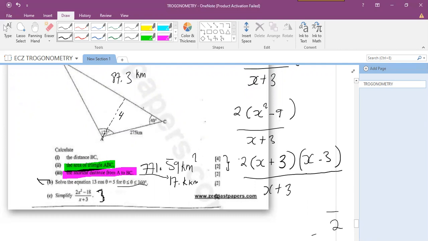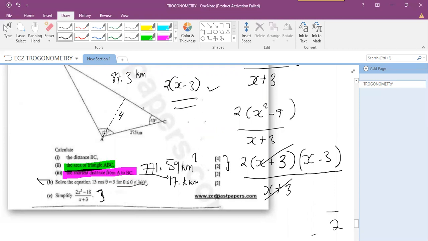Then you would find that all this is multiplication. So we're going to just cancel this part. Then we're going to be left with our answer, which will be 2 multiplied by x minus 3 as the final answer, because this x plus 3 and this x plus 3 will cancel. We'll be left with 2 multiplied by x minus 3.